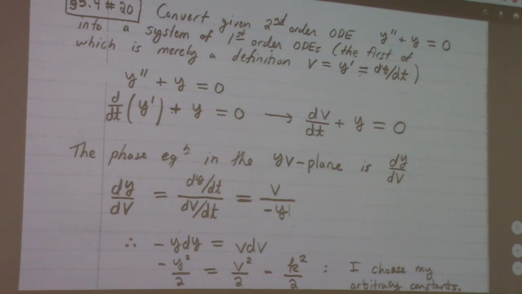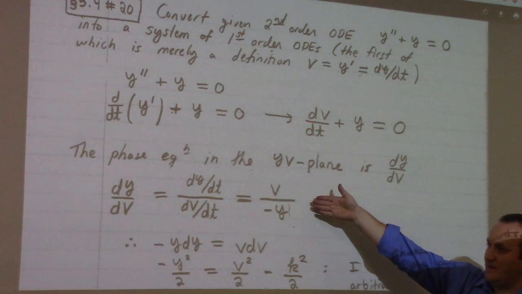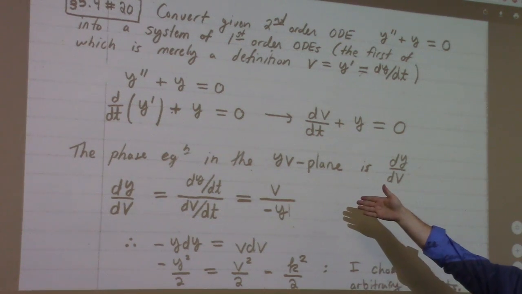So this is an autonomous system, and this gives us dy dv equals dy dt divided by dv dt, which is v over minus y. That's the phase plane equation for this problem.